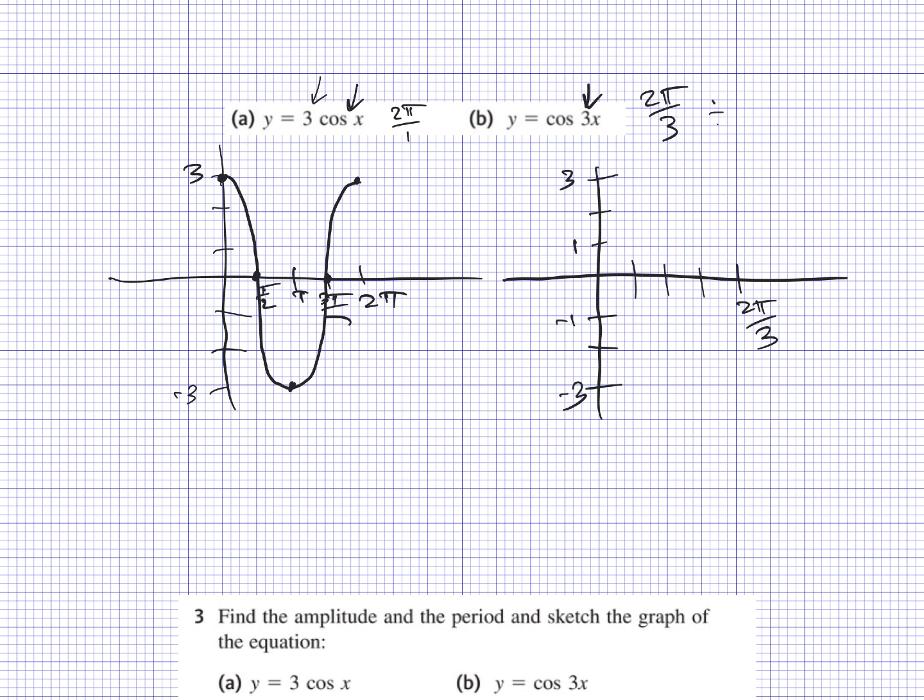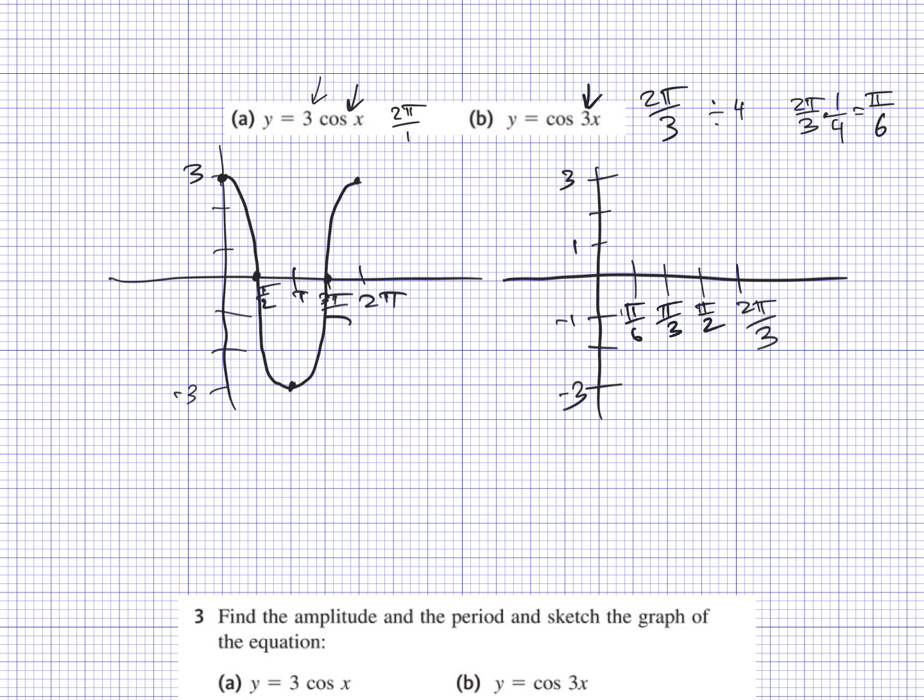2 pi over 3, and then we divide that by 4, which means you take 2 pi over 3 times 1/4, and that's going to be pi over 6. So each one of these increments right here is pi over 6. 2 pi over 6 is pi over 3, and that's going to be pi over 2.